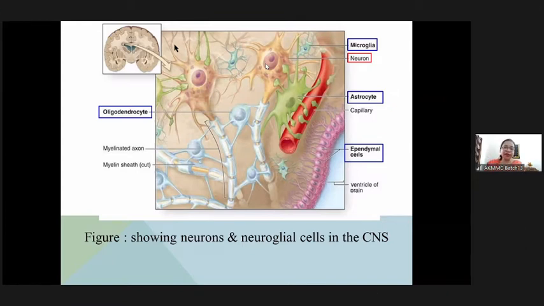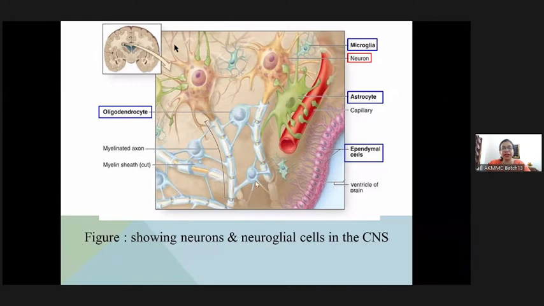We will use electron microscope to see the outer structure of an organ. Okay, outer structure. We can see here this is neuron, which is surrounded by some supporting cells.